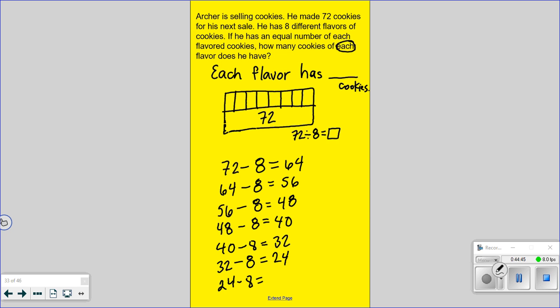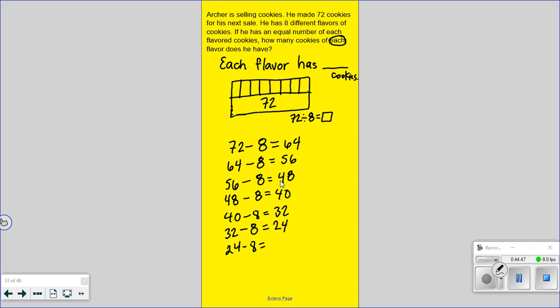Minus a group of 8. 16. Archer, you figured it out? Very close. 16 minus a group of 8. Mason, you got it?